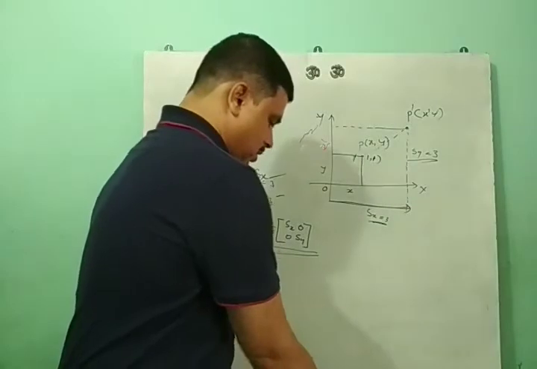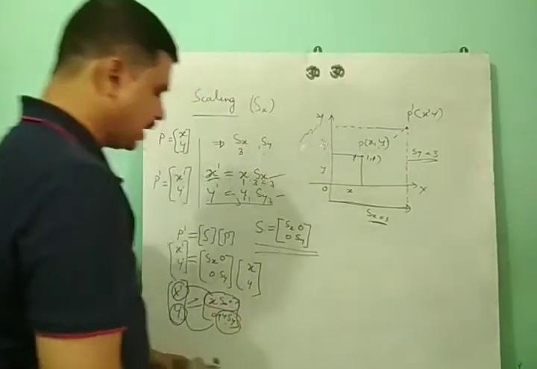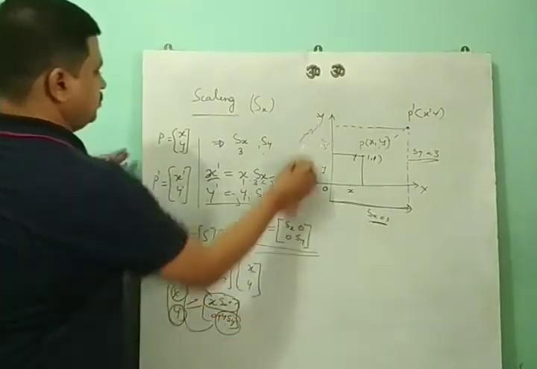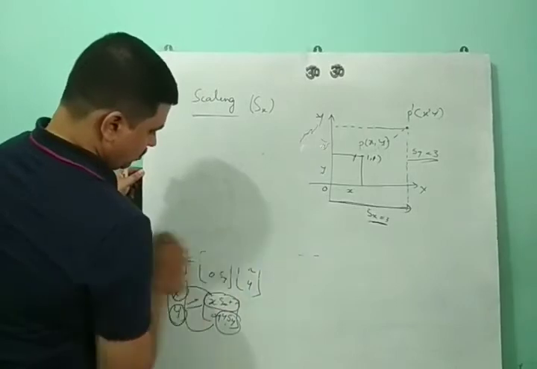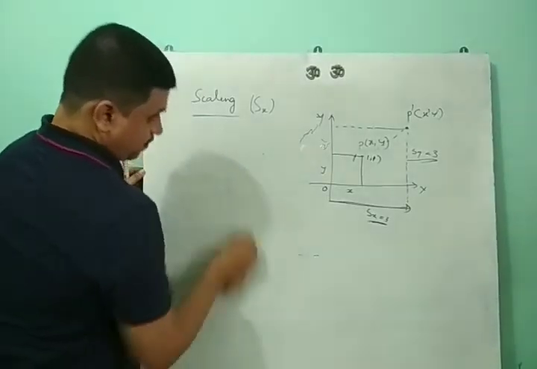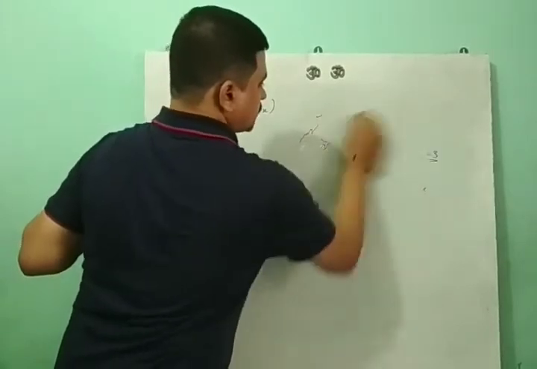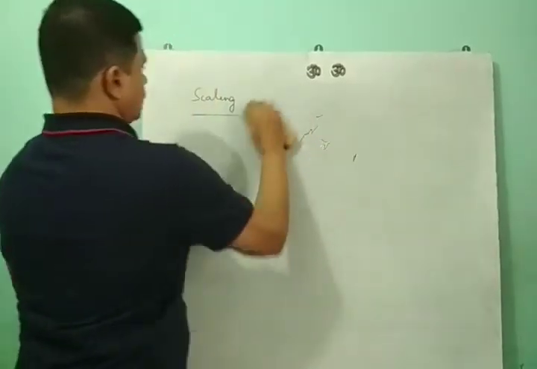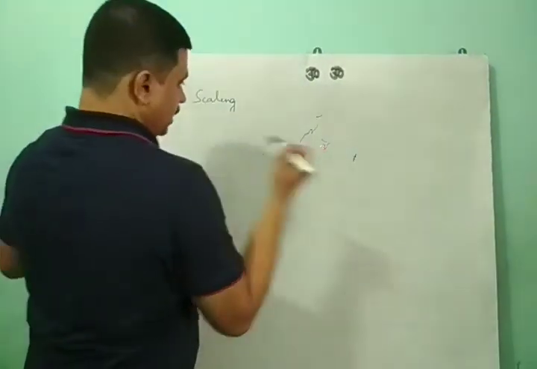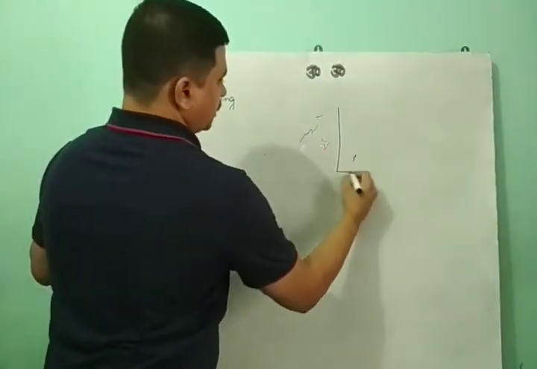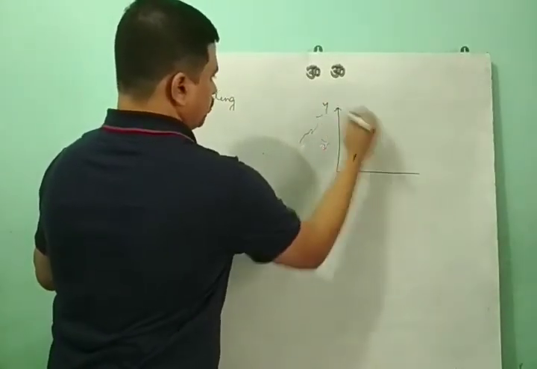We will take one example to solve the problem here. We will consider a line defined by the endpoints P1 and P2.